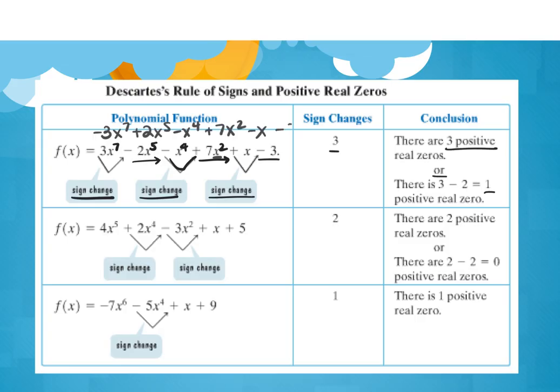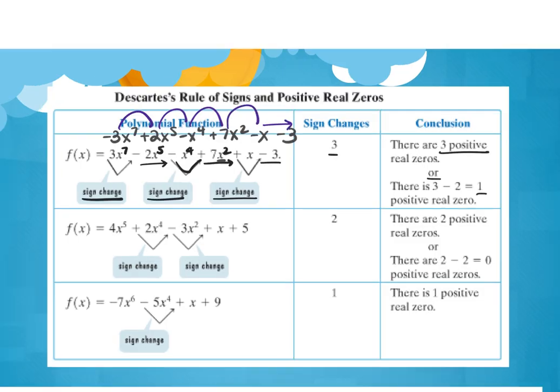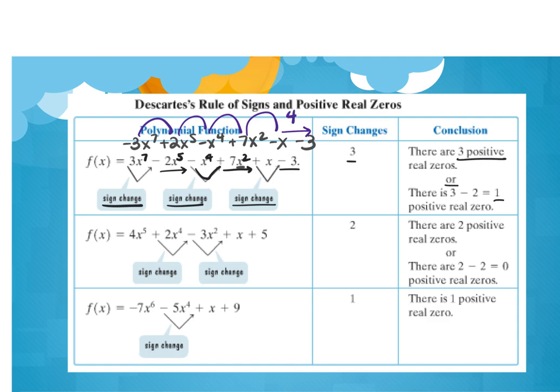Negative x and negative 3. There is 1 sign change, 2 sign changes, 3 sign changes, 4 sign changes, and then it stays the same. So there would be 4 or 2 or 0 negative real roots.